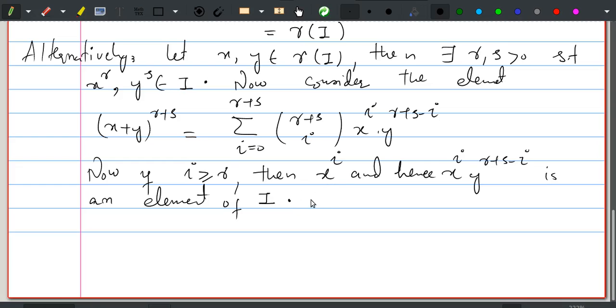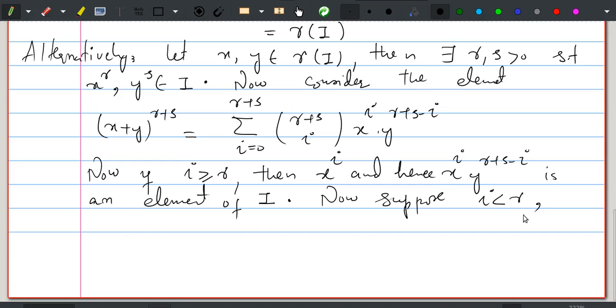now suppose this i is strictly less than r. So this is the other case.